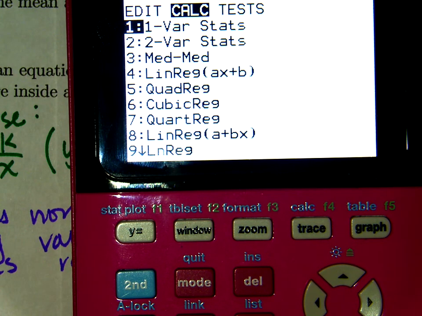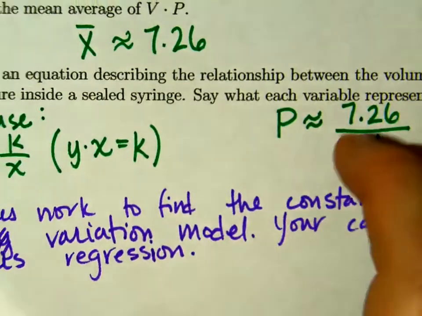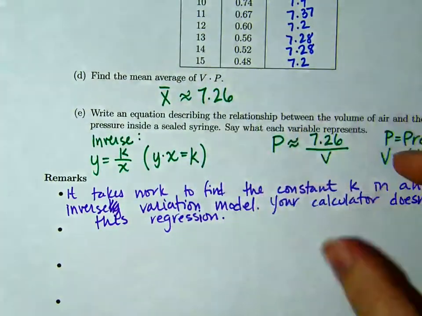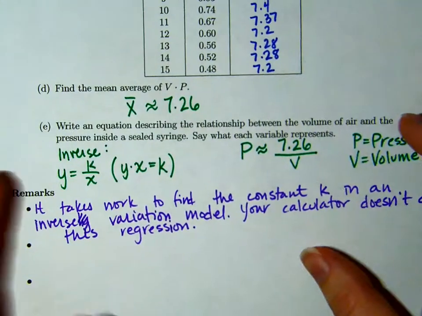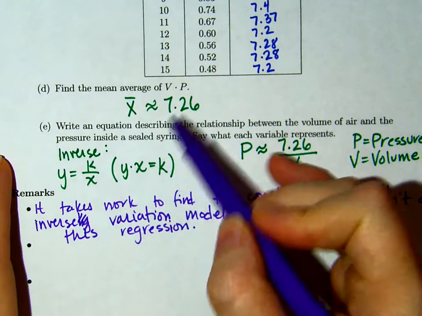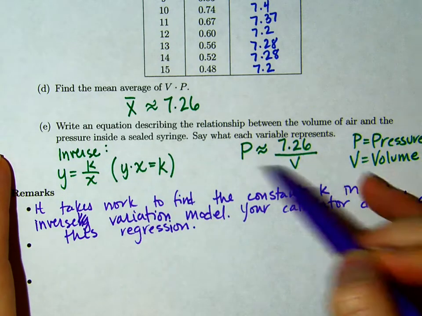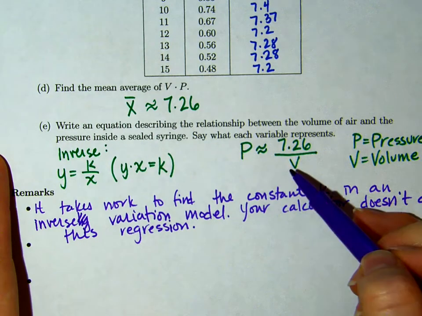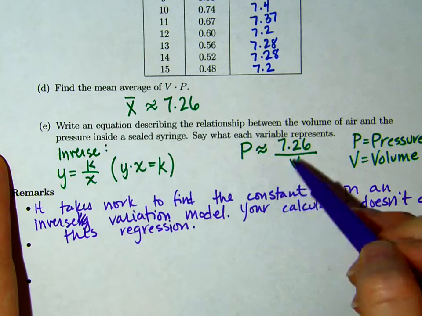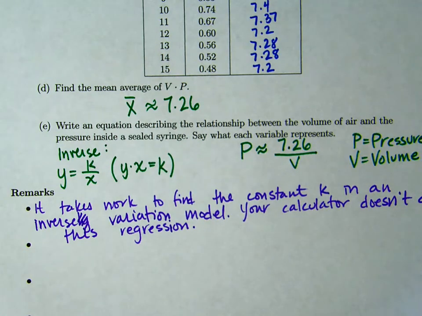So it simply doesn't have the inverse variation model built into it. Basically, by doing this, we had to be smarter than the calculator. And luckily we are. So we multiplied and then we found the average, and that gave us our k in this situation. And that's only because we see that this is a proportion and we scale up. So we solve this proportion, and that lets us find this variable k, very similar to what we did in the first problem of example 2.